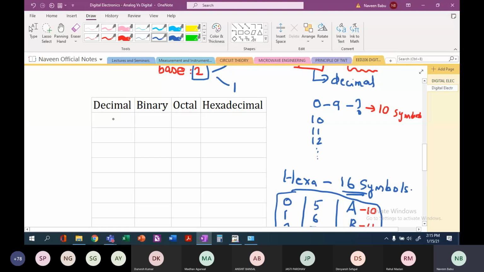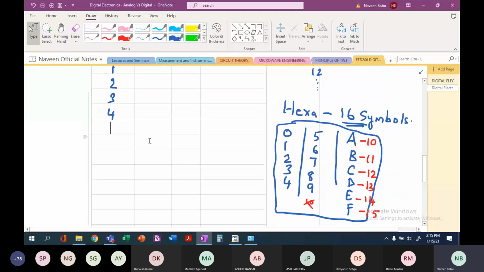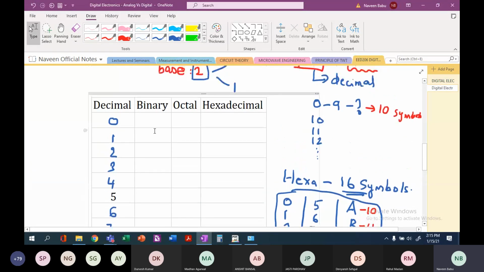Decimal numbers that are possible are 0, 1, 2, and I'm going to write a slightly longer sequence. It's better I write here: 6, 7, 8, 9, 10. This is the decimal number system.